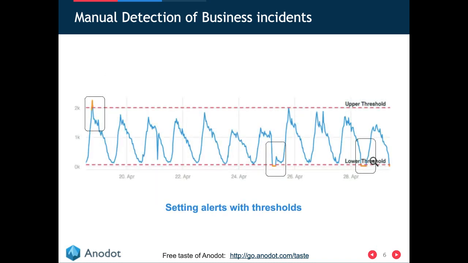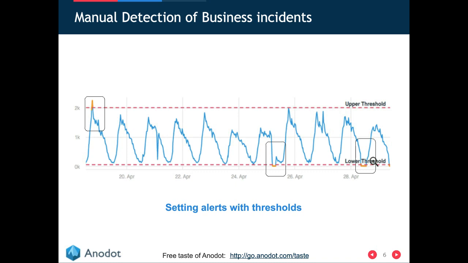That works if you know really well the good range and the bad range of your metrics. But even then, oftentimes you may miss all sorts of incidents that fall within the known range of good or bad, but are still maybe bad for that particular point in time of the day. So that's another manual way of detecting business incidents.